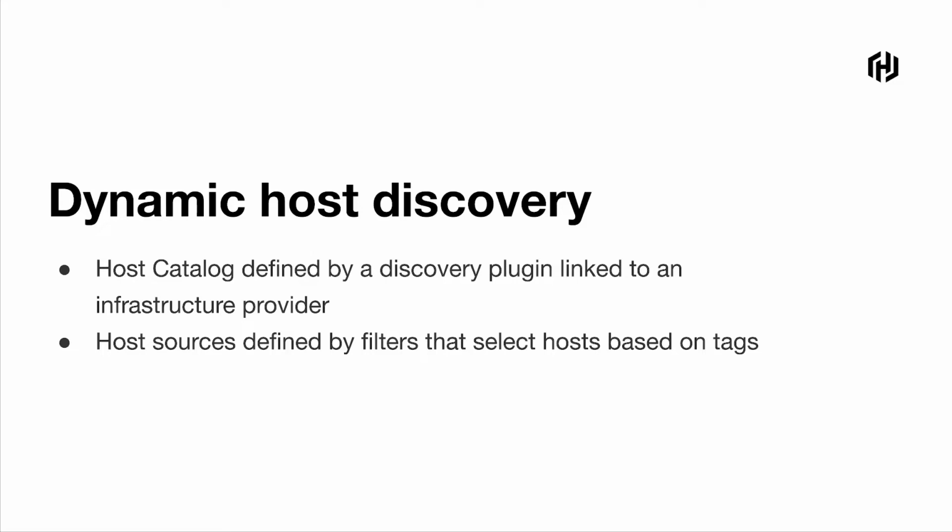Just like Terraform provider plugins, the dynamic host plugin's job is to act as a translation layer between Boundary's internal concept of hosts and the reality of whatever exists in the target environment. But instead of creating infrastructure, it's querying what already exists. Currently, there are HashiCorp-supported discovery plugins for AWS and Azure, with lots more planned.